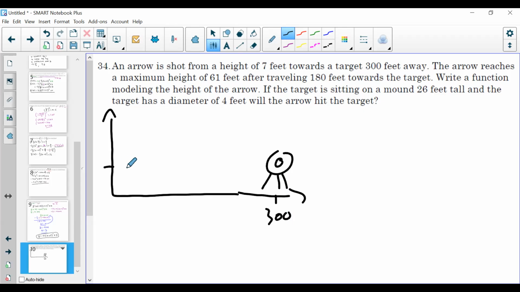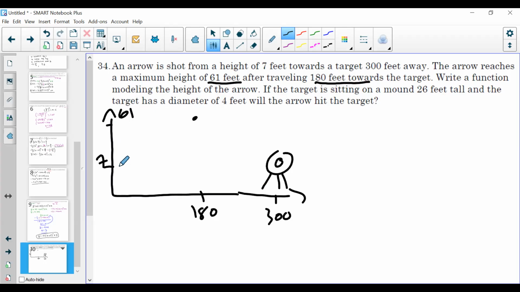I also know that at 7 feet tall, an arrow is shot. And I'm also told that the arrow reaches a maximum height of 61 feet after it travels 180 feet towards the target. So I know that the highest the arrow gets is 61 feet, and that happens a little over halfway, at 180 feet towards it.